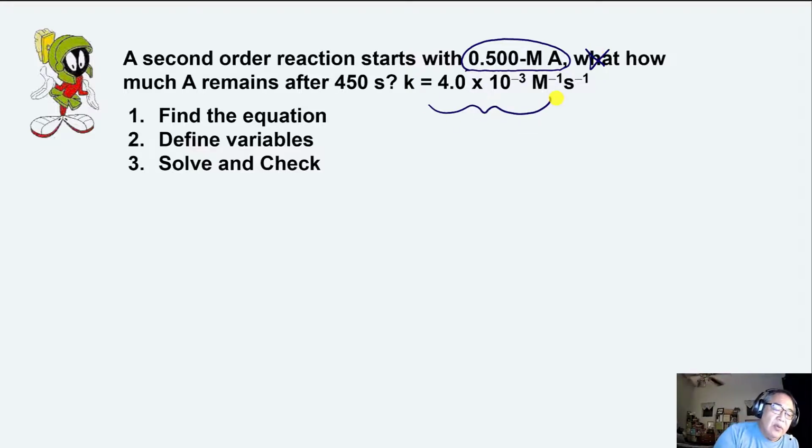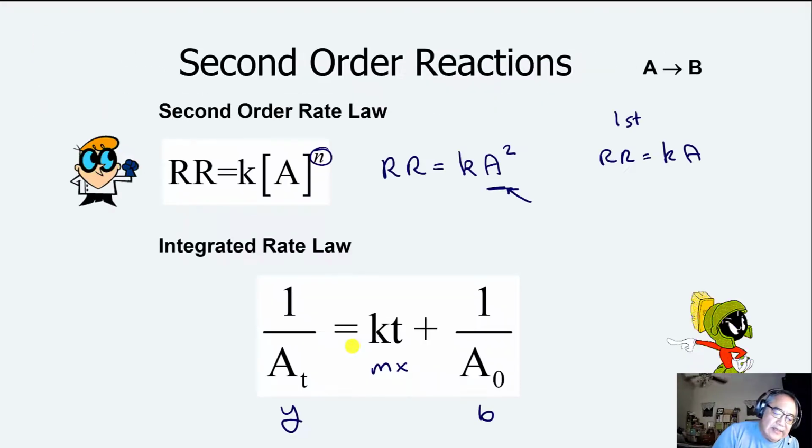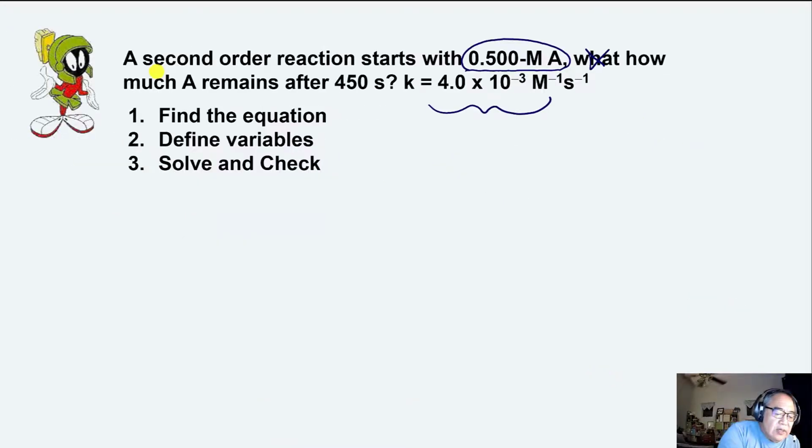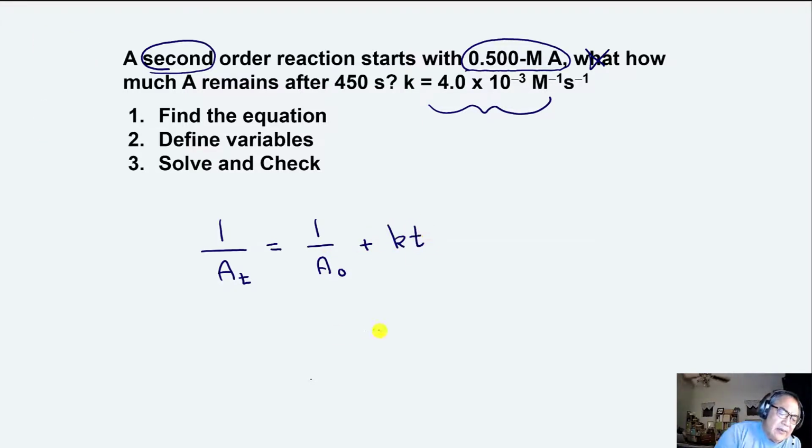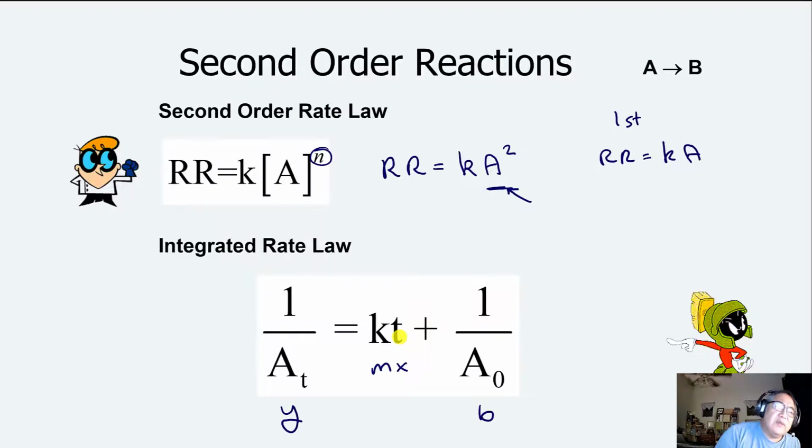So we'll write the equation, the one we use because it's a second order reaction. This is also an important piece of information. We're going to write 1 over A_t is equal to 1 over A_0 plus kt. I think I rearranged it; yeah, I flipped those two.